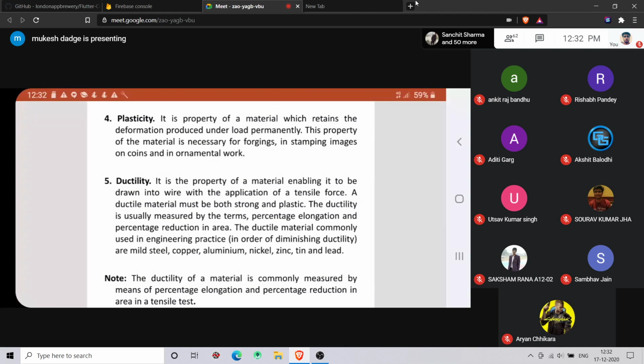This property is necessary for forging, in stamping images of coins and ornamental work. In the smith shop, whatever chisel or components you make, like a connecting rod or a crankshaft, you want a particular shape, by using external load. In that case, plasticity is desired for that material.